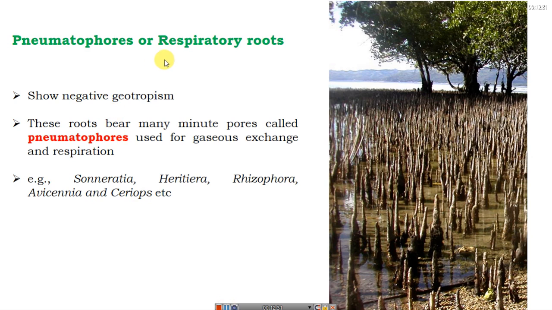Pneumatophores or respiratory roots are found in mangrove vegetation because these vegetations grow in waterlogged areas. So in the soil there is scarcity of air.